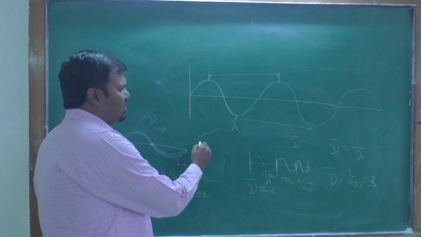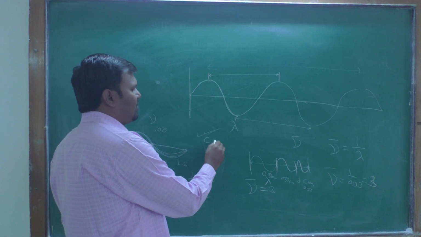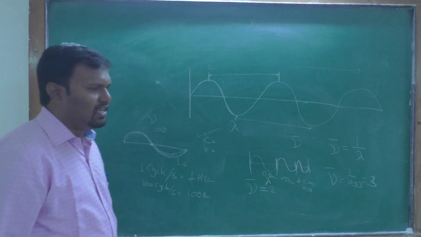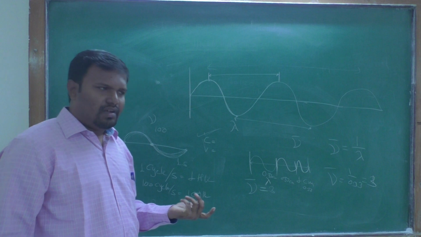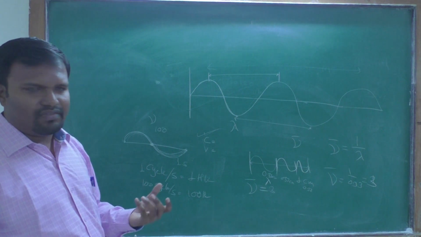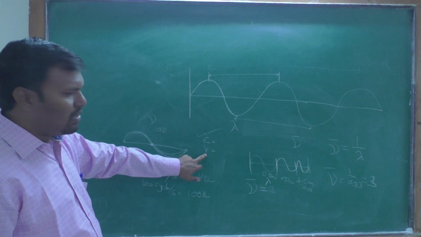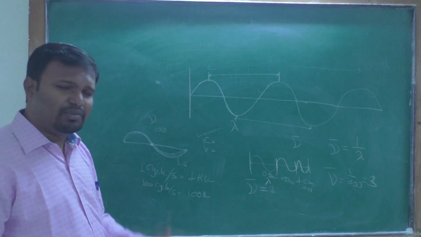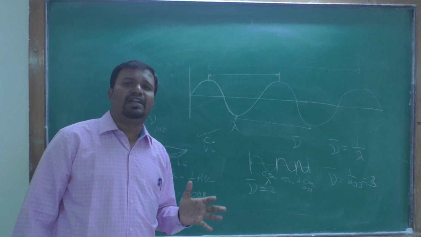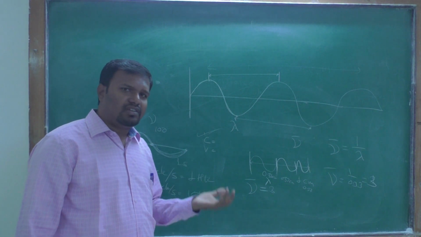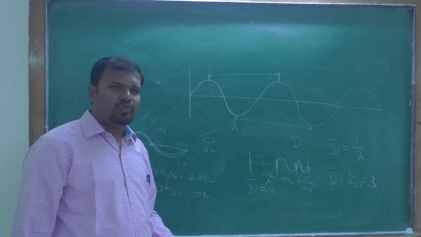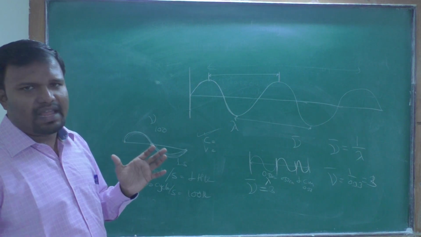Okay, next quantity is C or V. Electromagnetic radiation is radiated at the velocity of light. Therefore we can replace V by C, because electromagnetic energy is radiated from a source as electromagnetic radiation, and that radiation has the velocity equal to light.